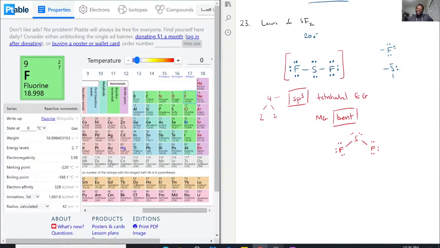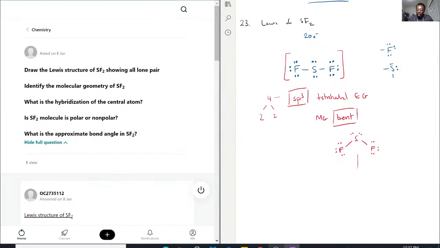Fluorine, unfortunately, is the strongest electronegative atom we know of, so most things bonded to fluorine end up being a polar bond. But sulfur is sitting at 2.58 versus 3.98. So without even doing the math, I know this is above 0.4. These are polar bonds. And because it's an uneven distribution, due to the lone pairs at the top, we have a net movement downwards.